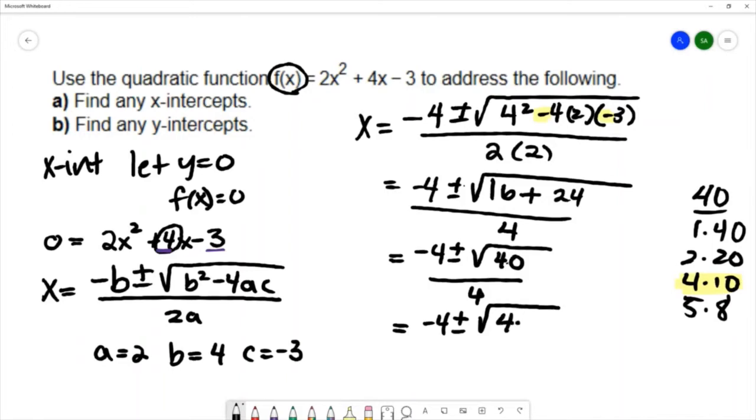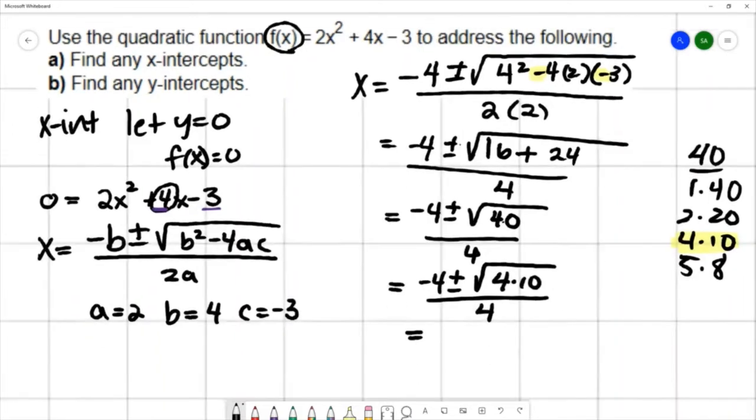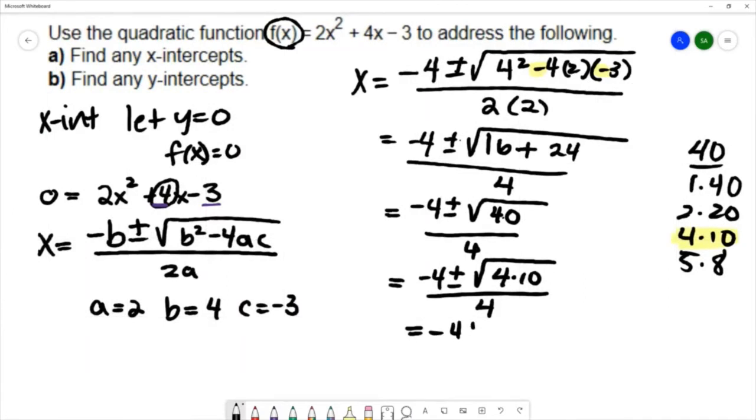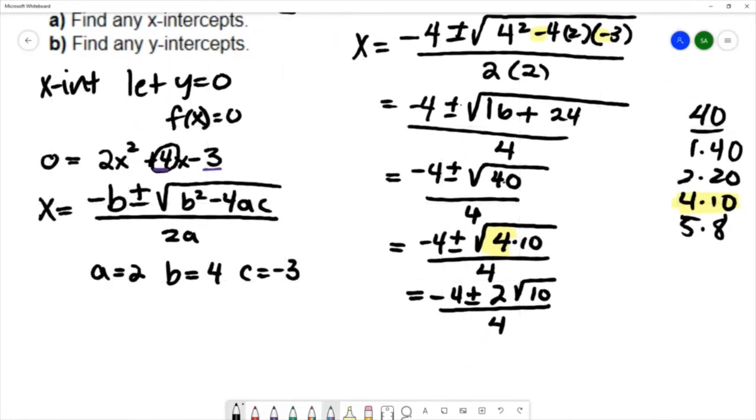Use 4 times 10 over 4, negative 4 plus or minus, and now I can simplify that square root of 4 to be 2. 10 is not a perfect square, so I can't simplify that. And then finally, all three of these numbers are divisible by 2, so I can simplify that fraction to become negative 2 plus or minus square root of 10 over 2.